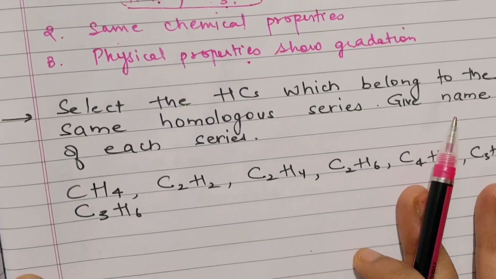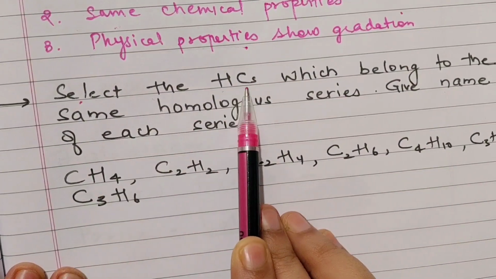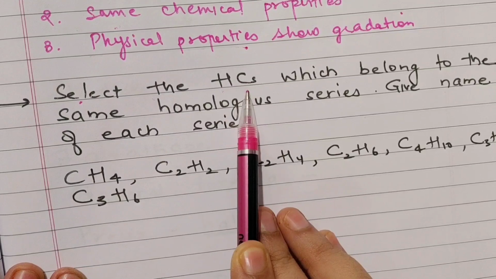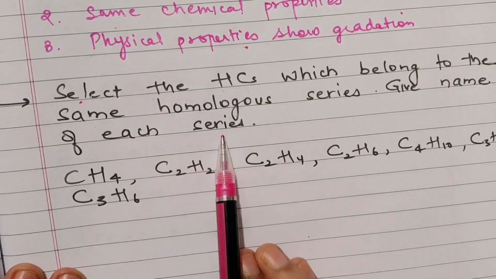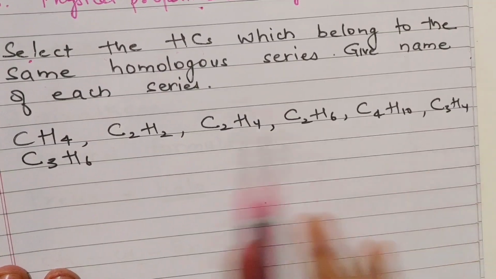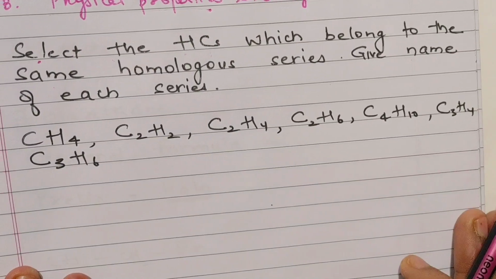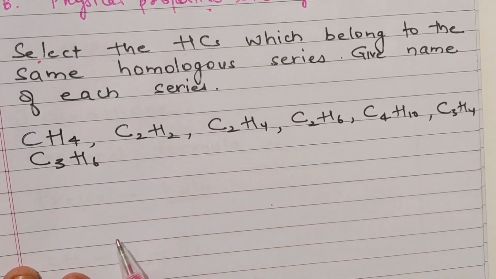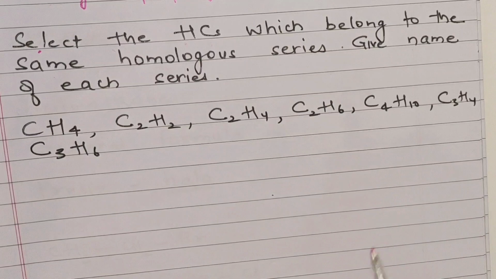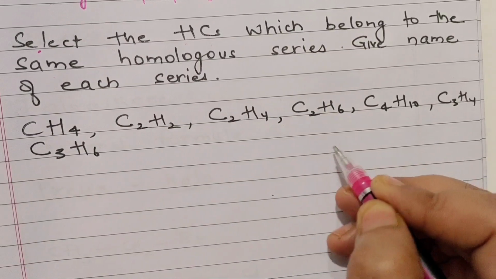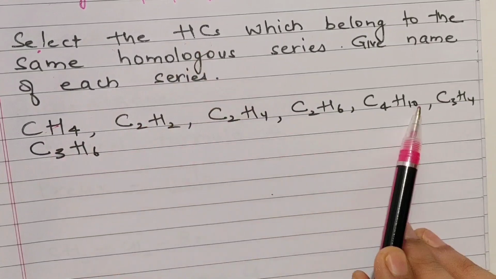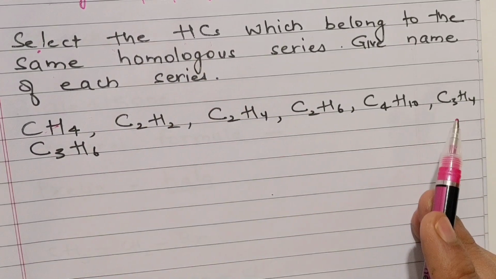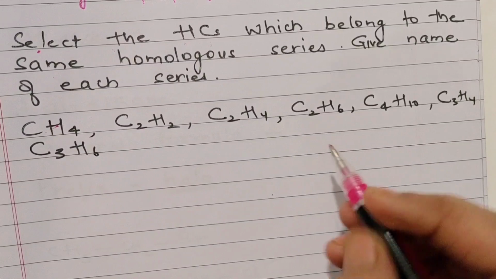Now, next is select the HCs, meaning hydrocarbons. Hydrocarbons means the compounds carrying only carbons and hydrogens, which belong to the same homologous series. Give name of each series. So we have some compounds and we have to select the homologous series for each. Before that, let's give you a quick recap of alkane, alkene, alkyne, because these are all hydrocarbons, and in hydrocarbons you have three classes: alkanes, alkenes and alkynes.